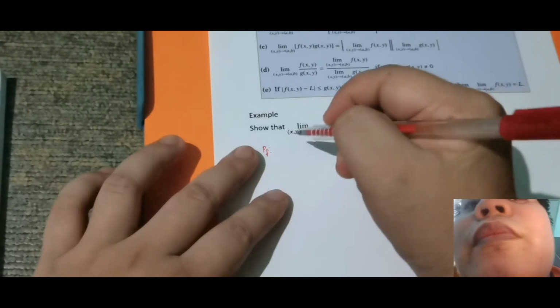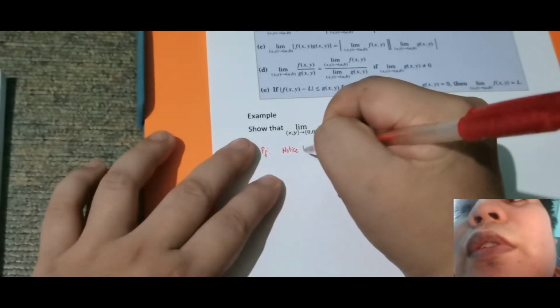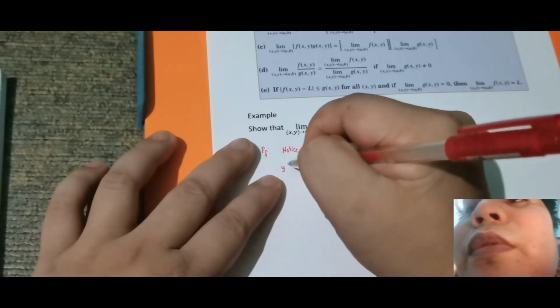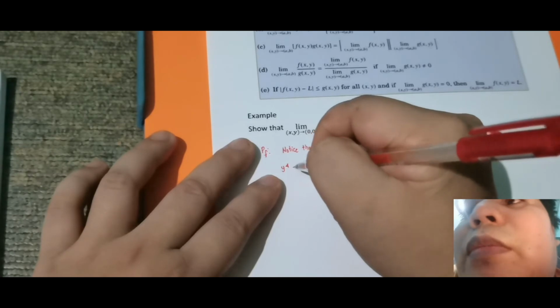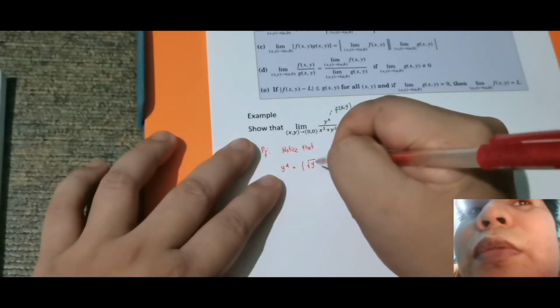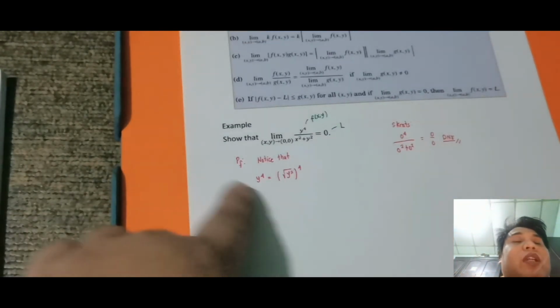So observe or notice that if we have y to the fourth, this is simply equal lang sa square root ng y squared raised to the 4. Again, ito lang muna ino-observe ko.